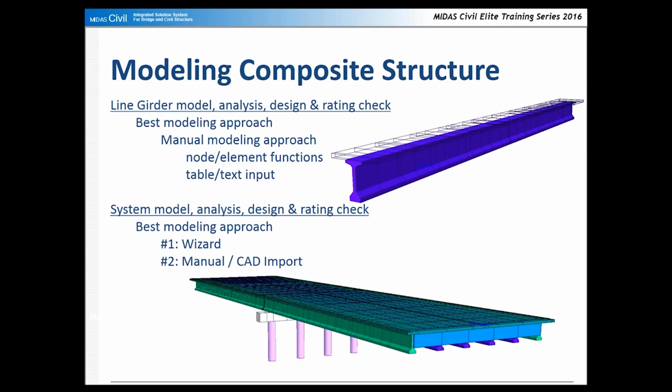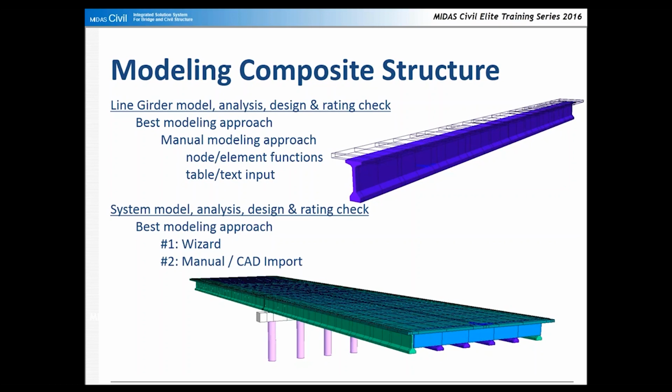The second way is to do the system model analysis, design, and rating checking. The best modeling approach for the entire system study is by using the wizard. The second alternative that I suggest is manually modeling or using the CAD import.